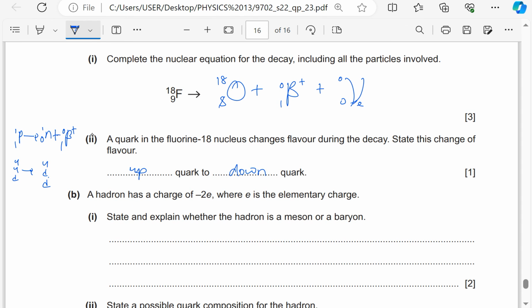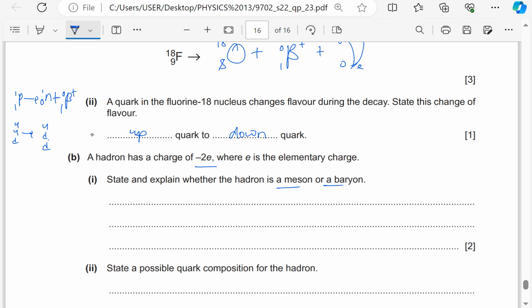A hadron has a charge of minus 2e, where e is the elementary charge. State and explain whether the hadron is a meson or a baryon. This is automatically not a meson, because a meson can only have a charge of 0 or plus or minus e. So the hadron is a baryon.